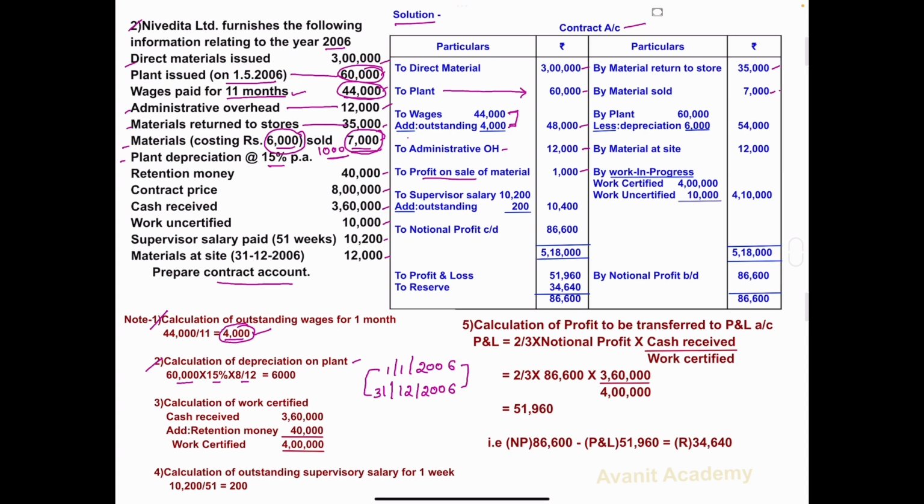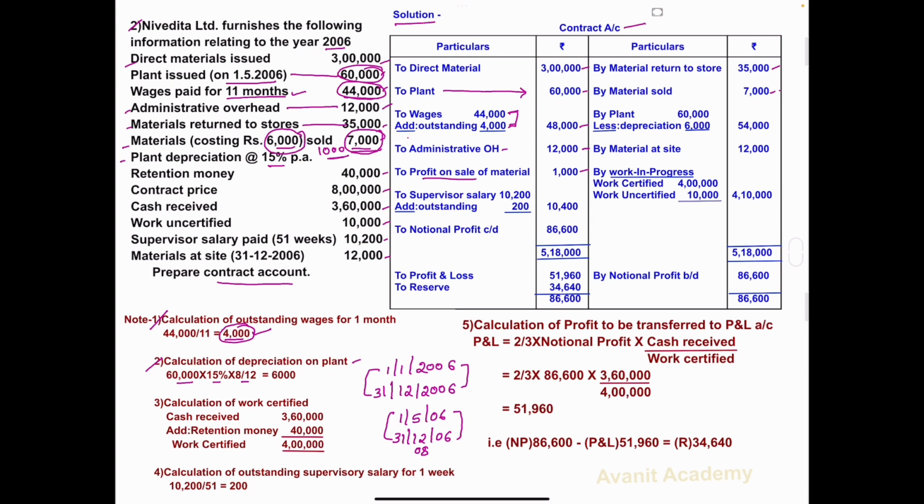How 8 months? It is issued on 1st May till 31st December 2006. So count how many months you will get? May, June, July, August, September, October, November, December. So 8 months. Total 8 months. So this plant is used for 8 months only. So we have to calculate the depreciation on this plant for 8 months.